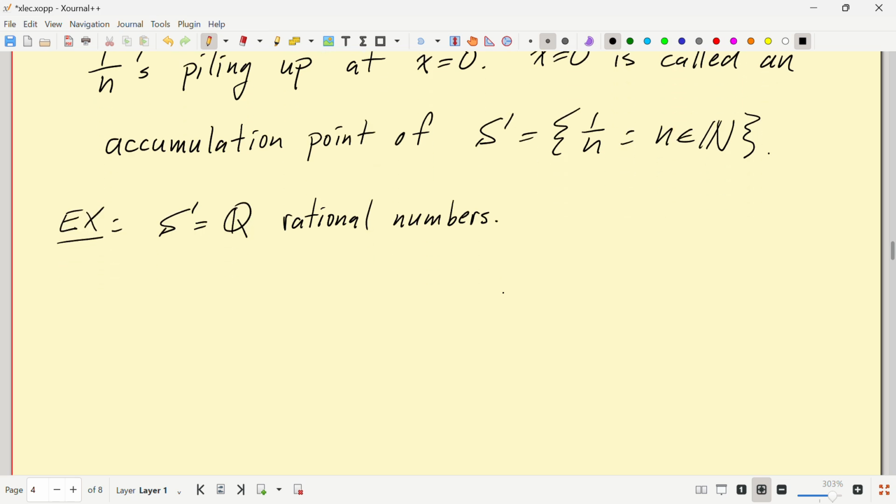Then all the stuff we played around with earlier in the semester, we know that the real number, square root of 2, is an accumulation point. I can find rational numbers in there that are arbitrarily close to the square root of 2.